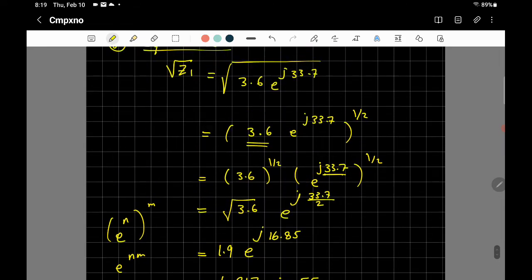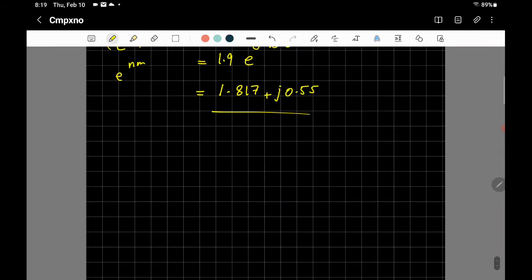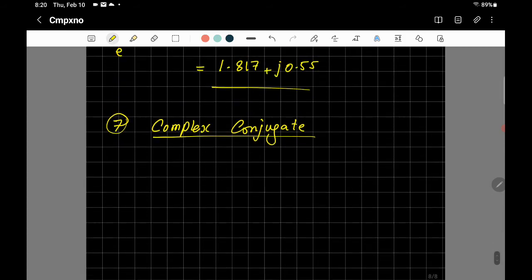We'll go now for the important one, the last one we're going to do, the complex conjugate. What's the complex conjugate? Okay, I will take z1 and express it in both forms.